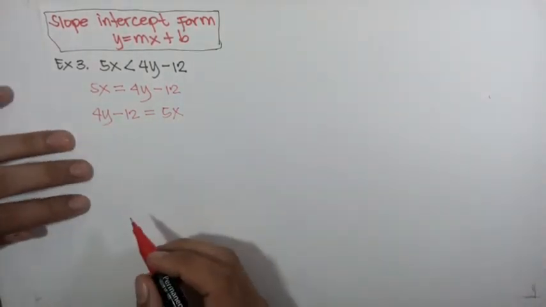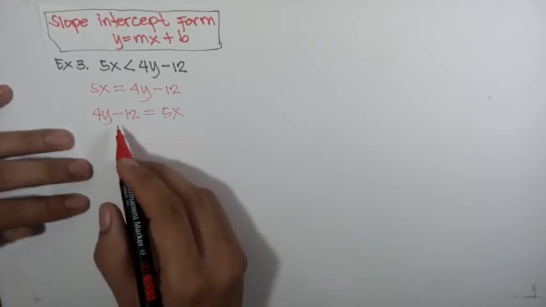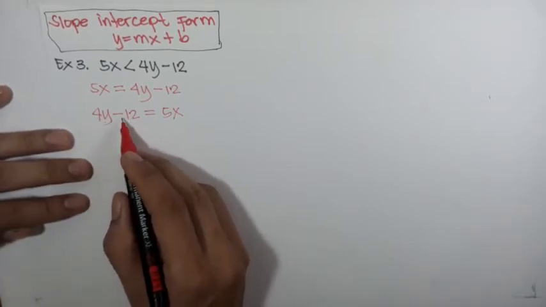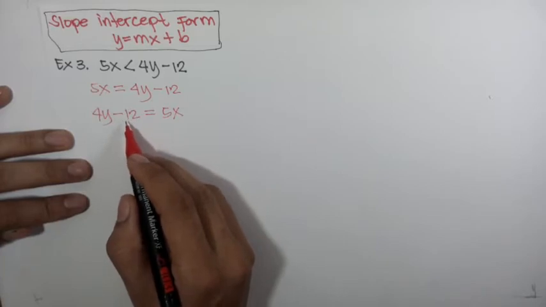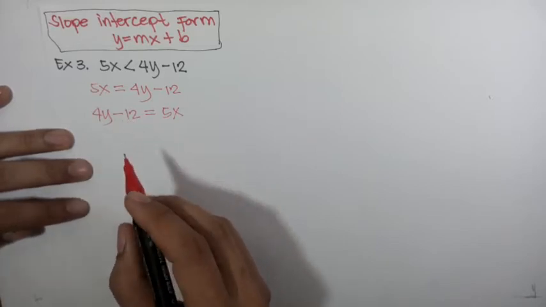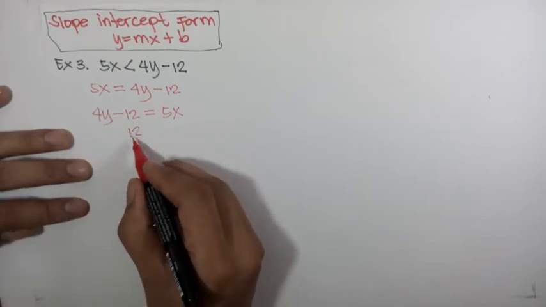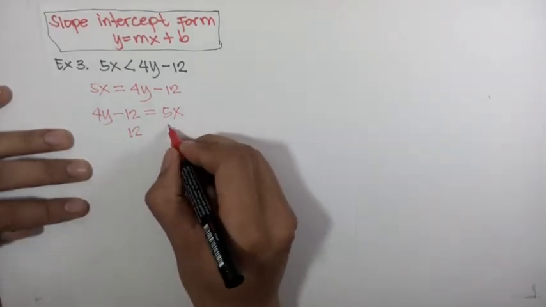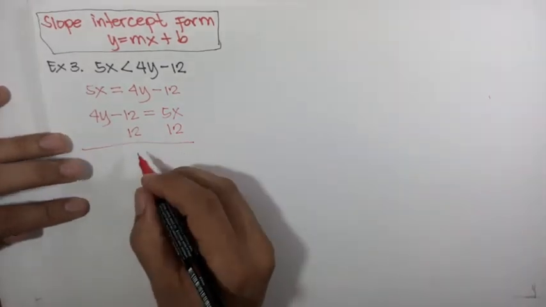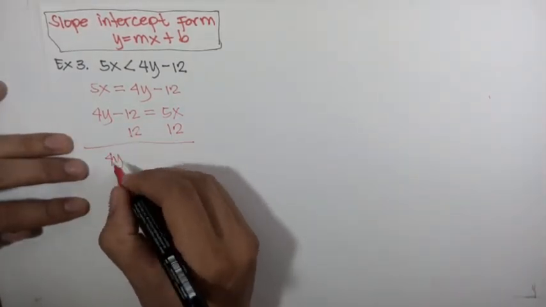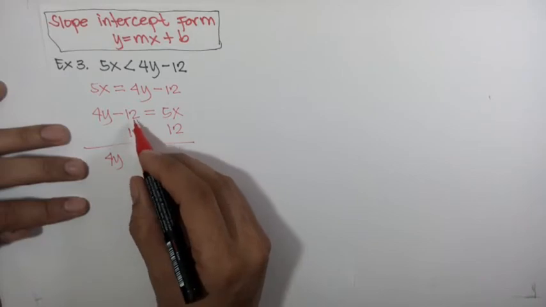Now, the next thing that we are going to do, we need only 4y on the left part, so we don't need negative 12. To make this 0, we will add 12. Since 12 is negative, it will be added by positive 12. Do the same on the other side. Add them. So you have 4y. Negative 12 plus 12 will be 0.